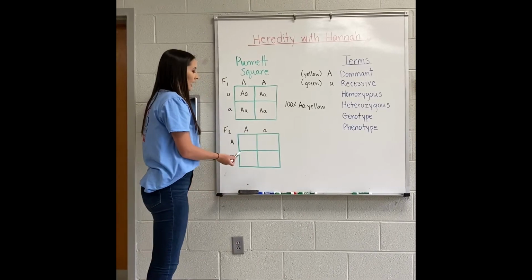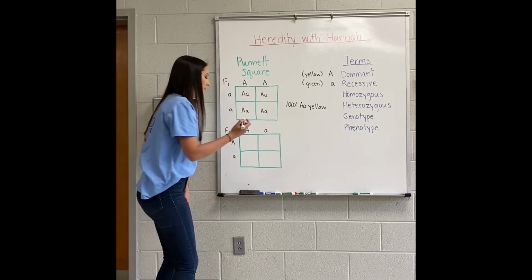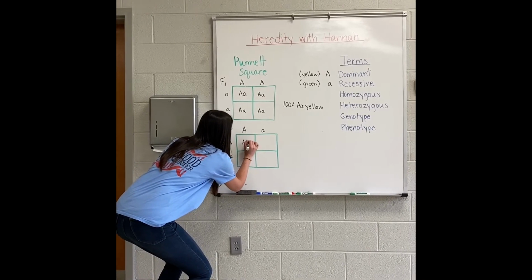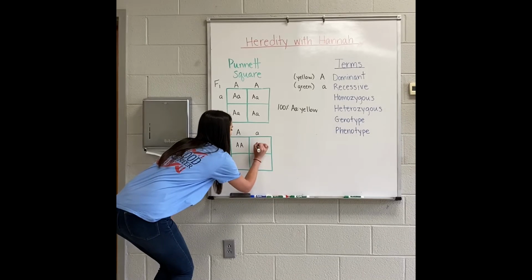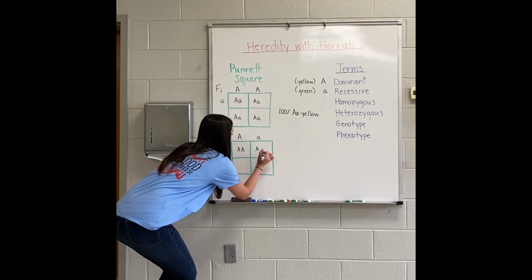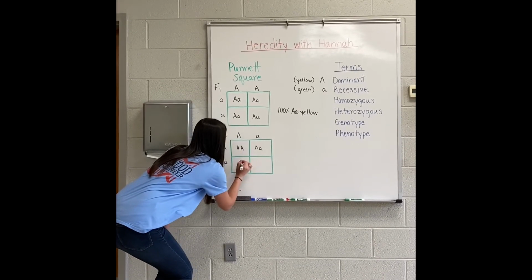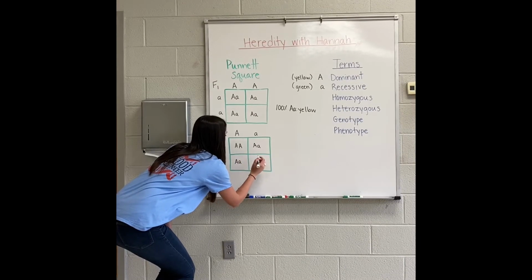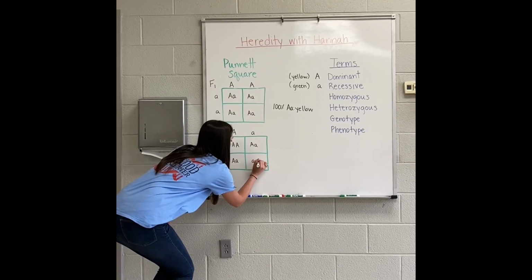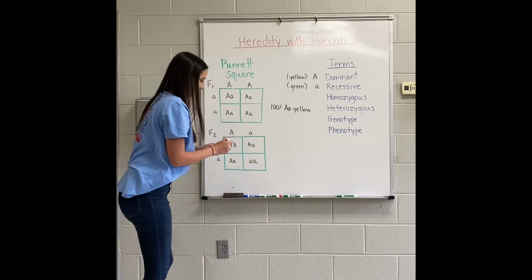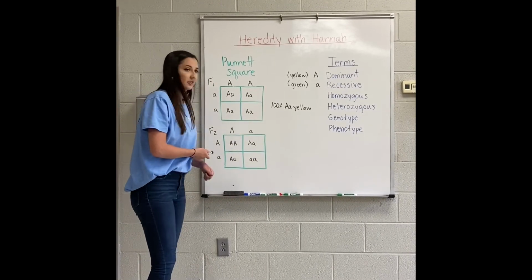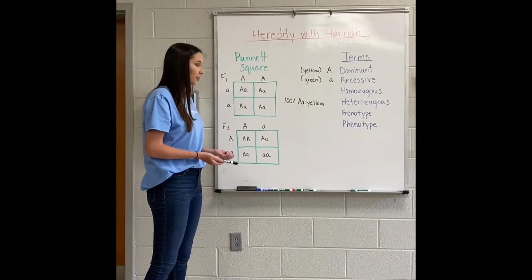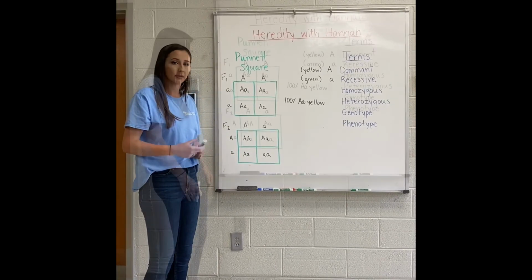So if we want to write out and find the probability for this generation, what we'll have is an uppercase A, uppercase A, uppercase A, lowercase a, uppercase A, lowercase a, and a lowercase a, and a lowercase a. So this one definitely looks different from our first generation. So if we want to write out the probability here, it's going to be a little different.